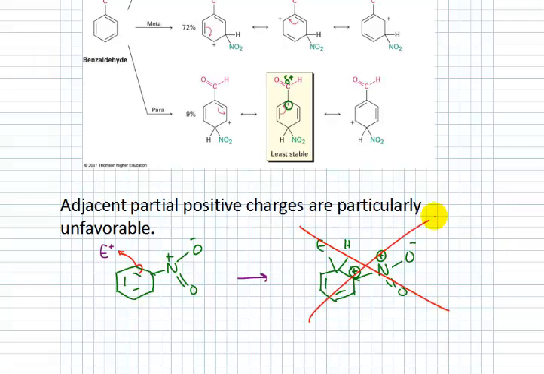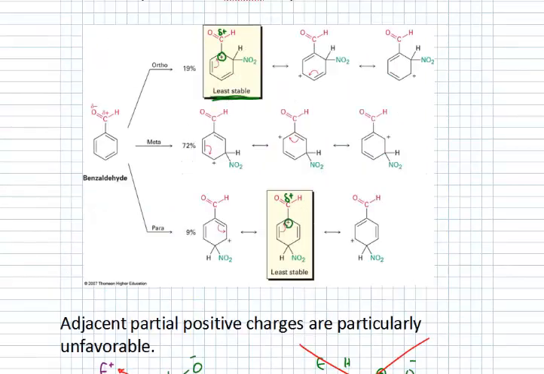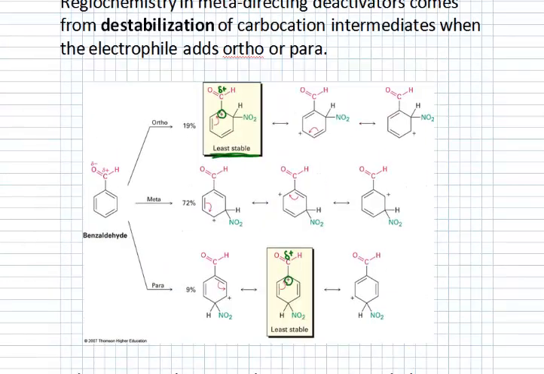So those extra effects are destabilizing. But do you see the difference here in how ortho and para directors differ from meta directors? In ortho-para directors, we stabilize the ortho and para positions. So those are lower in energy. In meta directors, we destabilize those, so they're higher in energy. So the meta position, there's nothing particularly wrong with it, but it's at least not as bad.